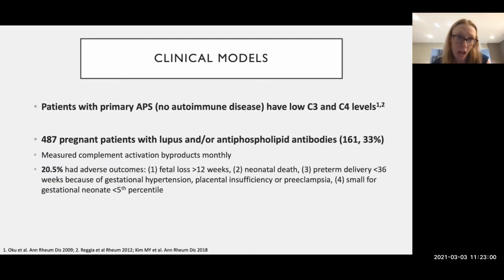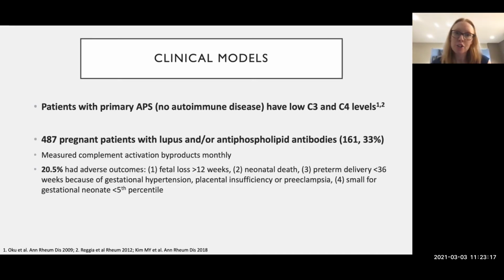From a clinical side, pregnant patients who have antiphospholipid syndrome, primary APS without autoimmune disease, do have low C3 and C4 levels, both pregnant and non-pregnant primary APS patients.